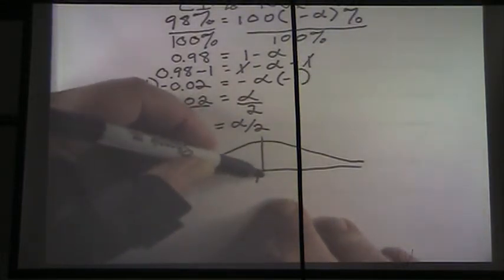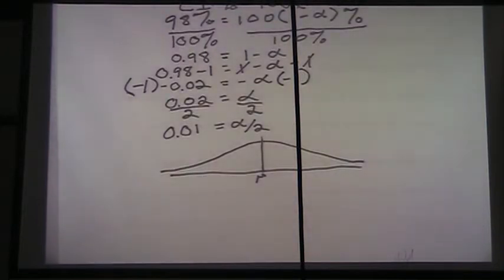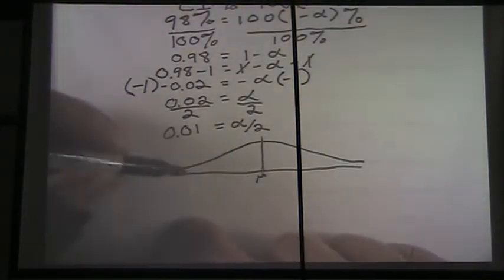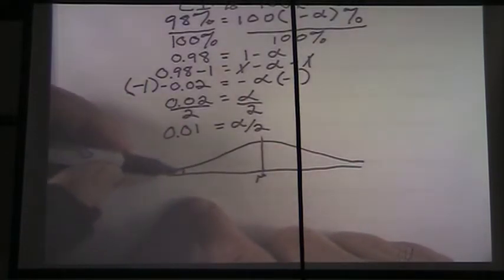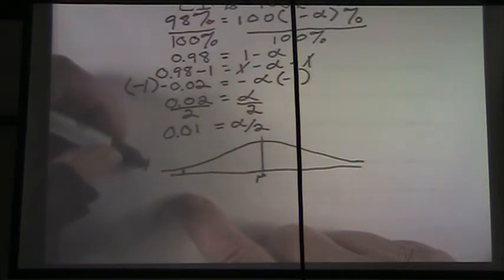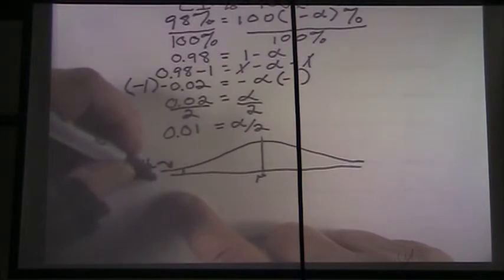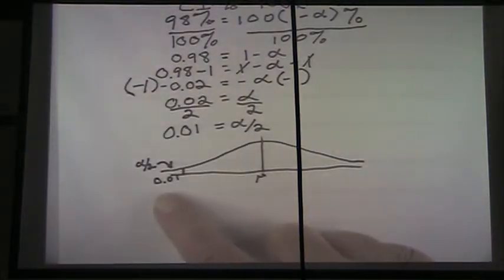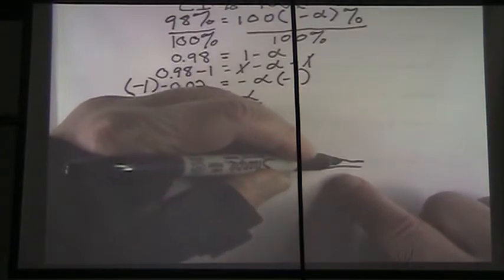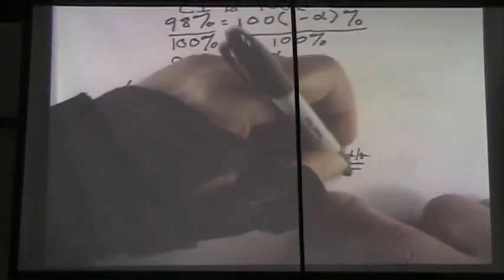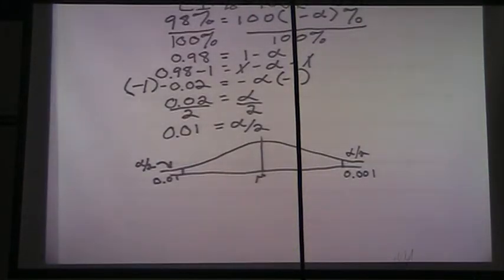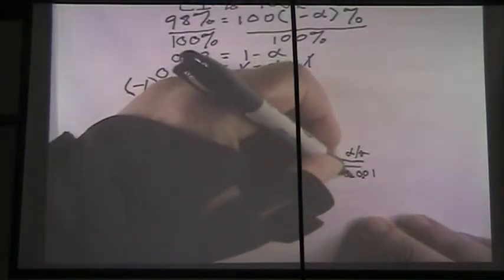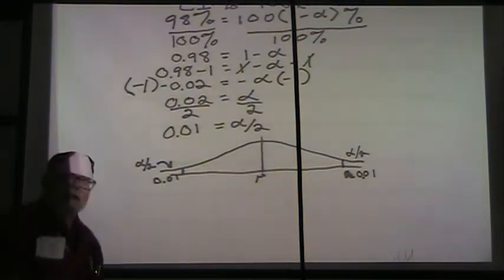Right in the middle, we know is mu. What we are saying is that alpha divided by 2 is 0.01 on the left side of the standard normal distribution, and it is also 0.01 on the right-hand side.